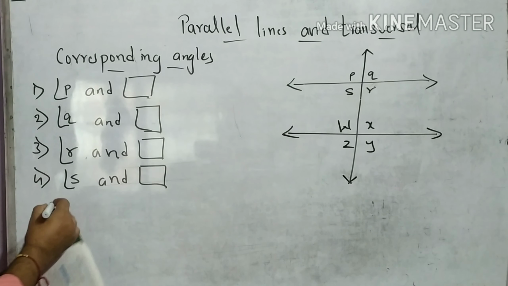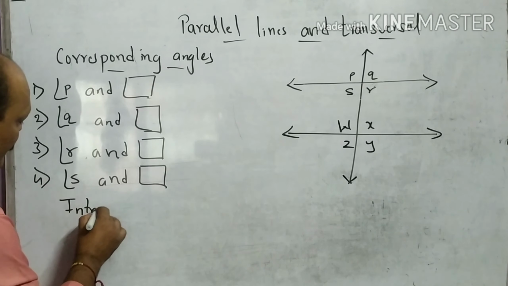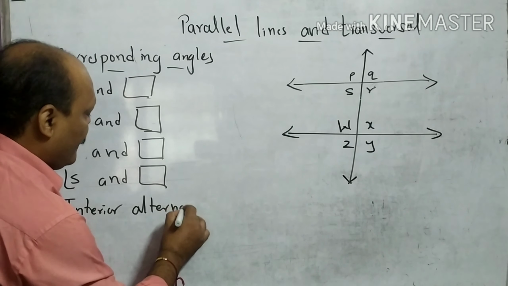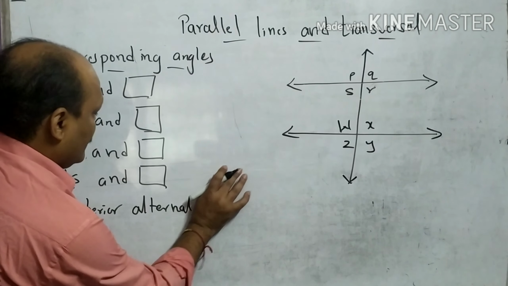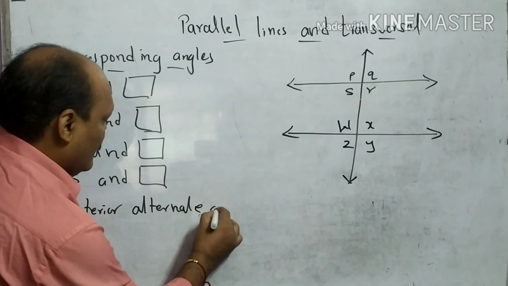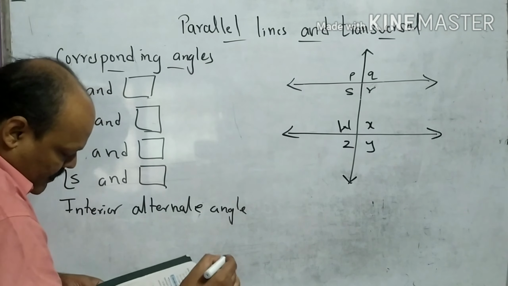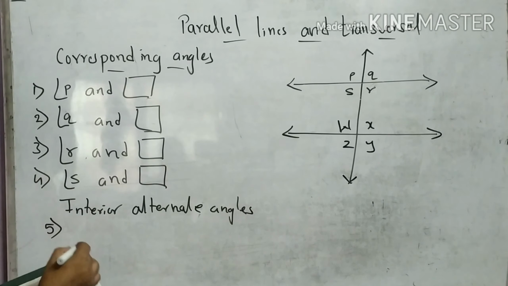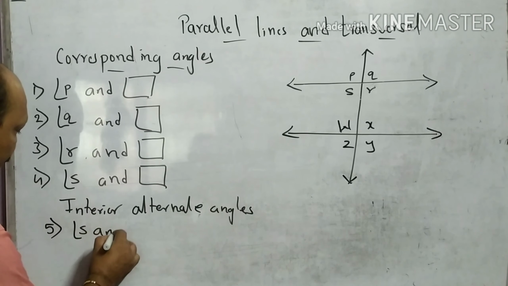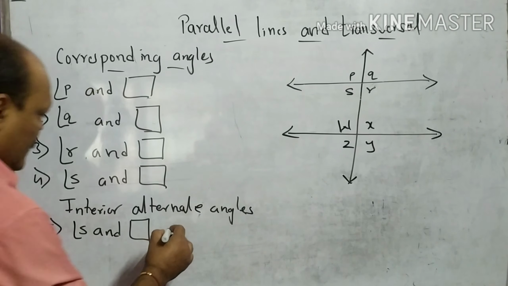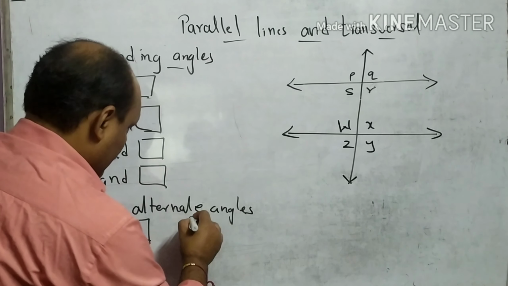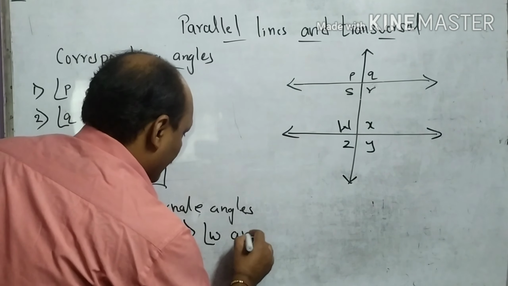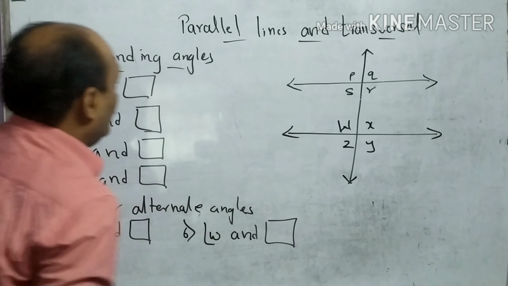Now interior alternate angle, the fifth one, the sixth one. You have to fill the box.